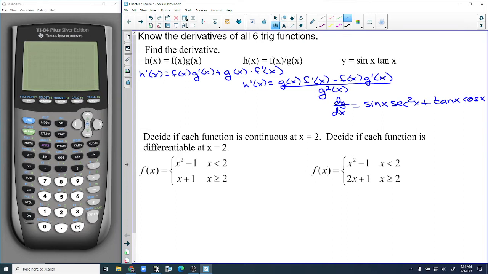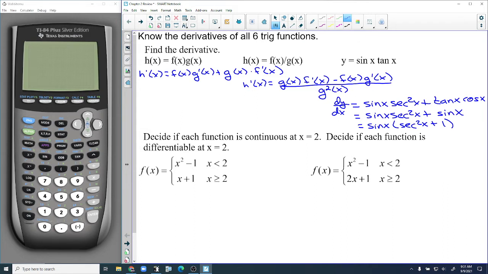And I see over on the end there, tangent is sine over cosine. So I can do sine of x secant squared x plus sine of x, because the cosines will cancel. Tangent is sine over cosine. Well, now we can factor a sine out. So sine of x times secant squared x plus 1.